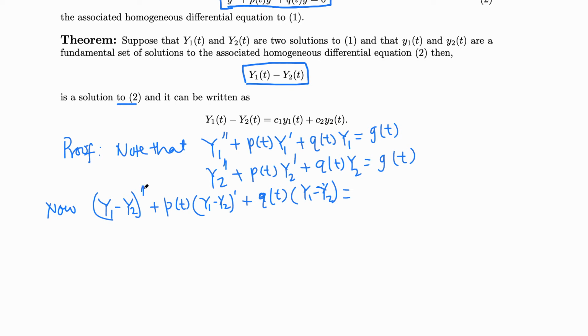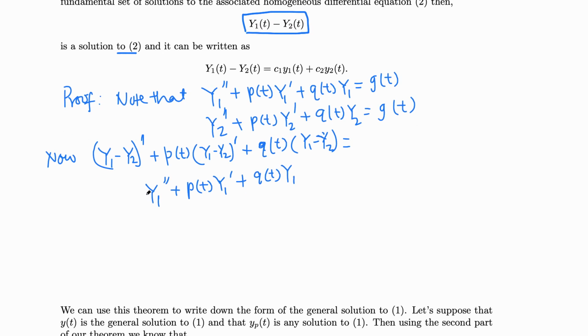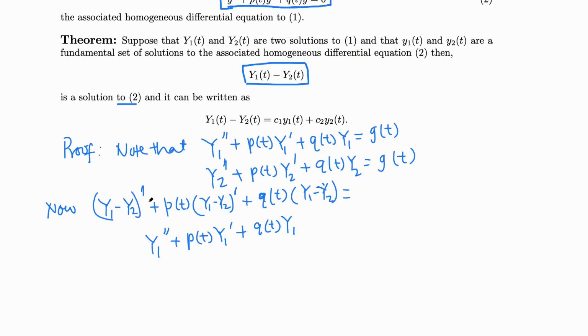The second derivative is distributive, Y1 double prime minus Y2 double prime, same thing here, and when we distribute and collect, we get Y1 double prime plus p(t) Y1 prime plus q(t) Y1, and we have more about Y2, so I can subtract.